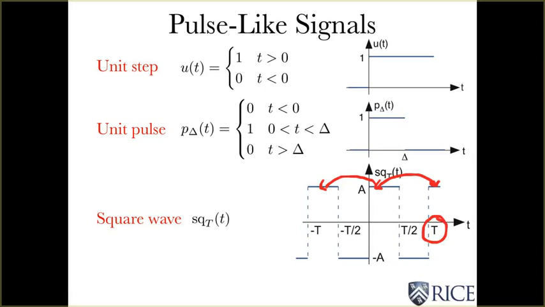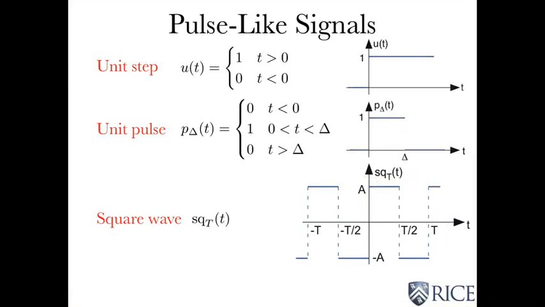You explicitly have to give the amplitude, which I've just labeled here as A. So it has discontinuities at the origin, T over 2, T, 3T over 2. So it's discontinuous every T over 2. And what its value is at those points just plain doesn't matter. It's discontinuous. We'll just have to appreciate that as we go through the course.